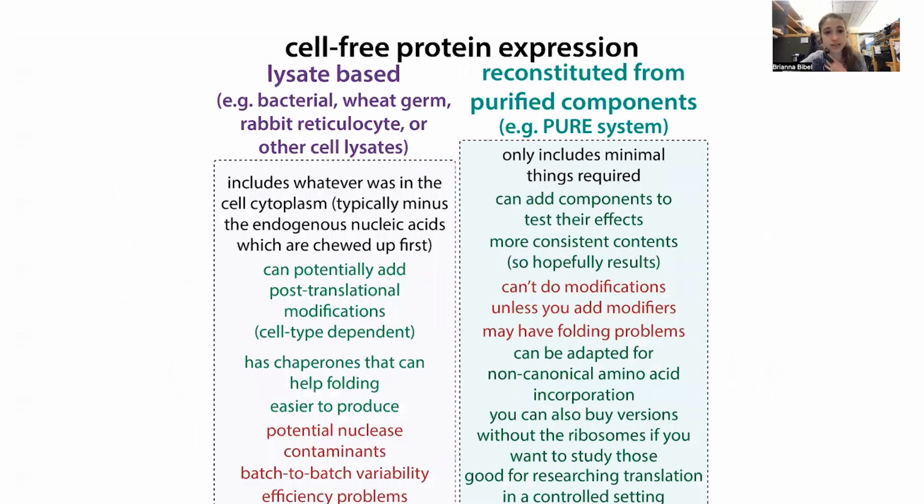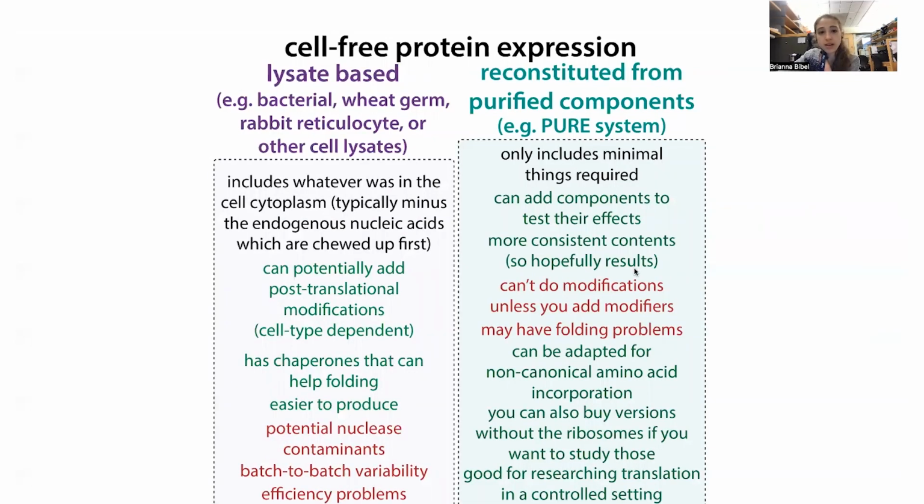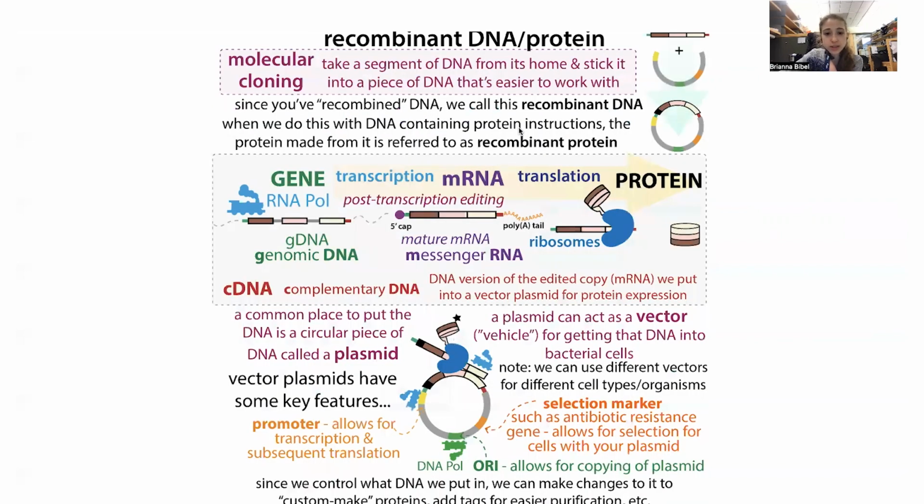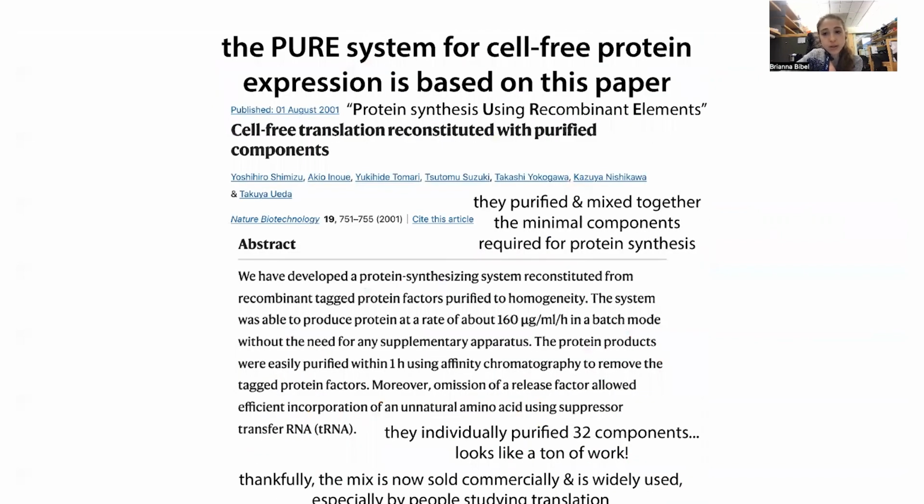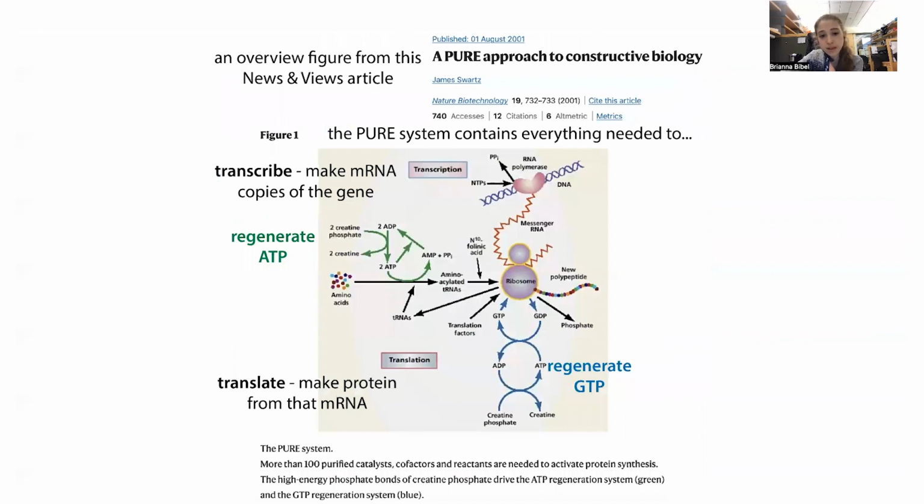And so an example is cell-free protein expression. This can be done with a reconstituted or a lysate-based system. And so a reconstituted system, for example, the PURE system, purifies all of these different components. This group purified all the different components that are needed to make a protein.